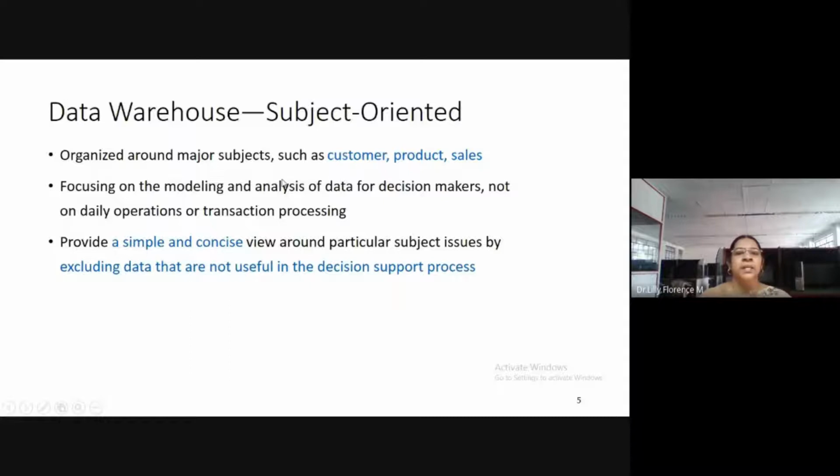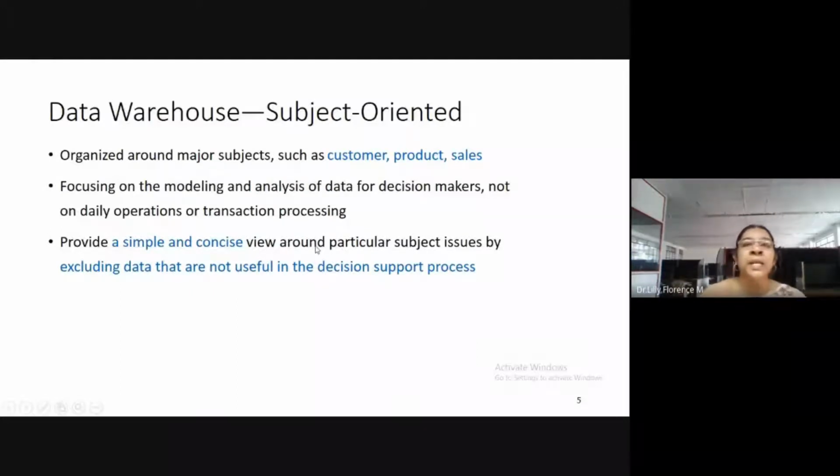Suppose you are organizing around major subjects like customer data, product data, sales data, all of it will be subject based data. It provides a simple and concise view around particular subject issues by excluding data that are not useful in the decision support process.